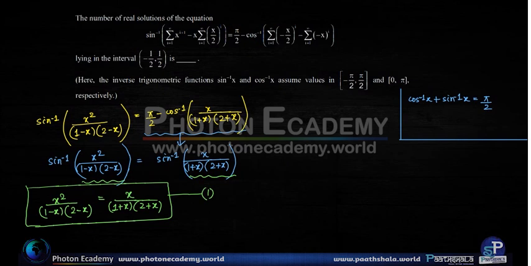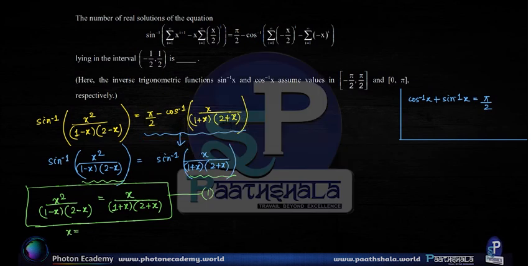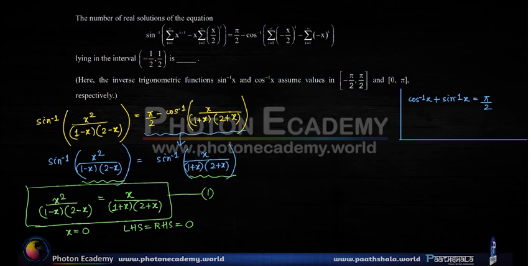Then we know x is equal to 0 is one of the solutions, because if we put x is equal to 0, the LHS and RHS both become 0, because there is an x square and an x term in the numerator. So 0 is one of the solutions. We got our first solution.